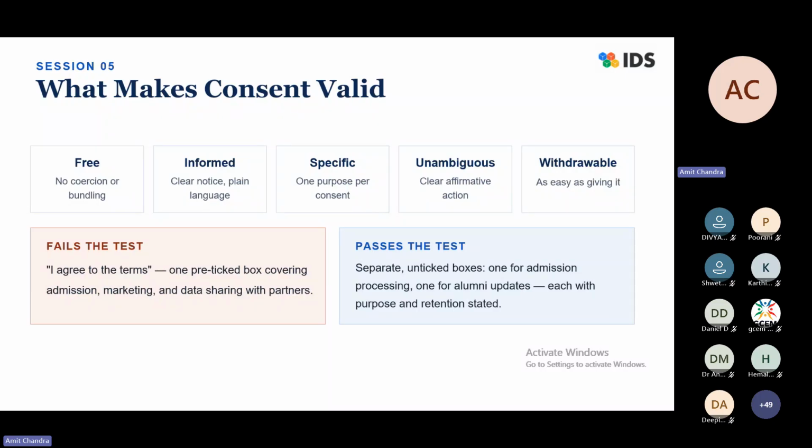There are three purposes for which it is asking for consent: admission, marketing, and data sharing with partner. Is this the correct way? No. The best practice is to separate admission, separate marketing, separate data sharing, and make a box for each one so that the student or the staff member is able to read it.